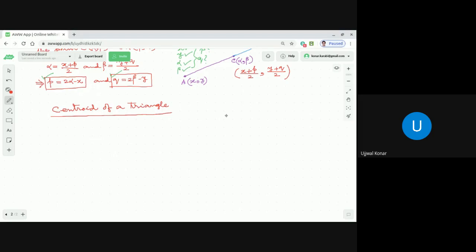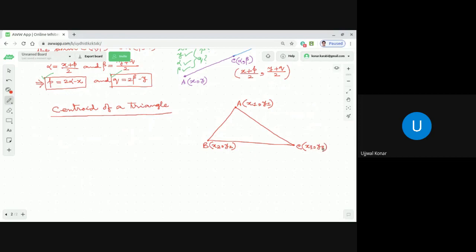Let's first draw the diagram. Suppose this triangle is given to us. We are considering this triangle with three vertices A, B, and C. We are considering the coordinate of the point A as x1, y1, the coordinate of the point B as x2, y2, and the coordinate of the point C as x3, y3.